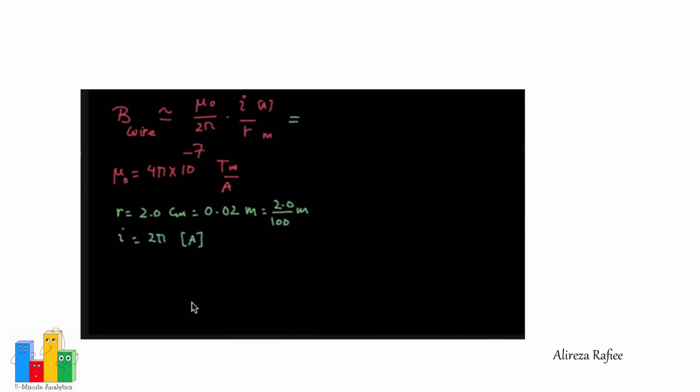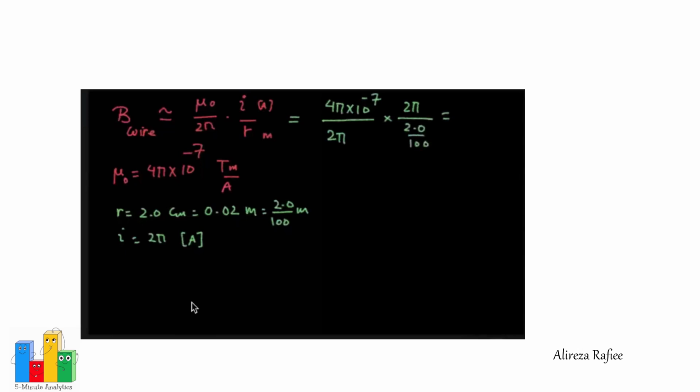So this becomes 4 pi times 10 to the power minus 7 in SI unit, divided by 2 pi, multiplied by 2 pi for the current, divided by 2 divided by 100.